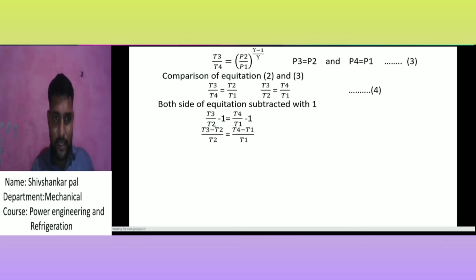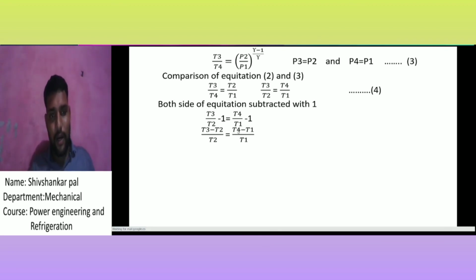Here T2 is the LCM, so multiplying by T2 gives T3 minus T2 divided by T2 equal to T4 minus T1. Here the LCM is T1, so T4 minus T1 divided by T1.